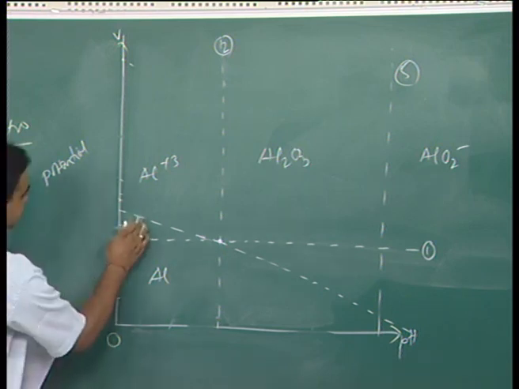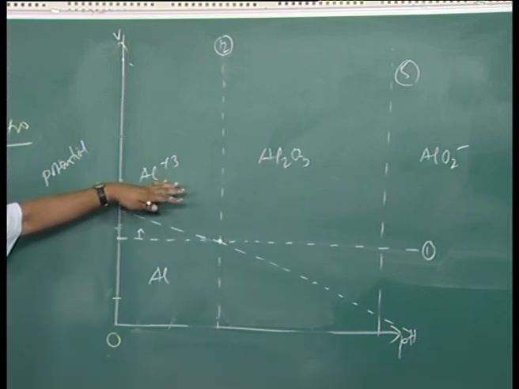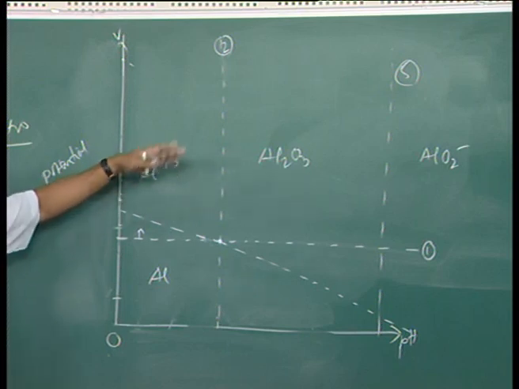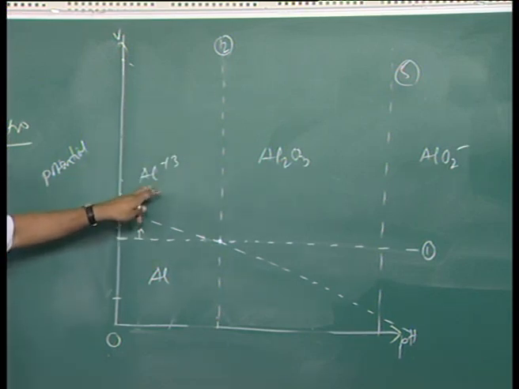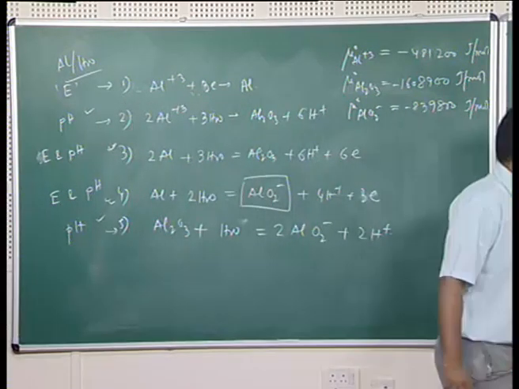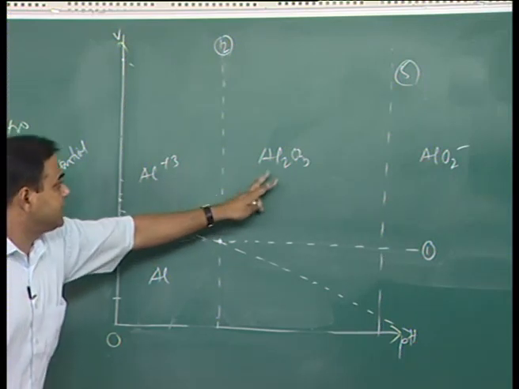So, there must be some reaction which involves Al plus 3 and Al2O3, because above this line would be Al2O3. But since we already have Al plus 3, this line will have a virtual presence, but actually it will not be present, because it is a demarcation line between Al plus 3 and Al2O3.